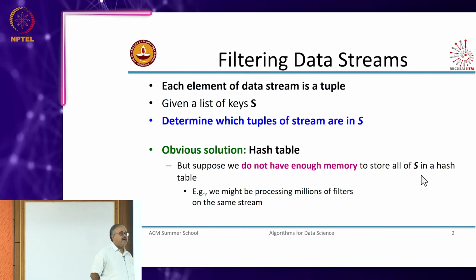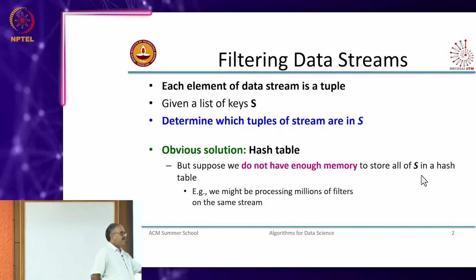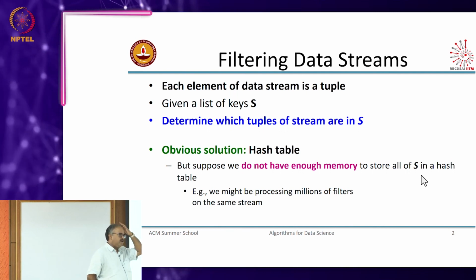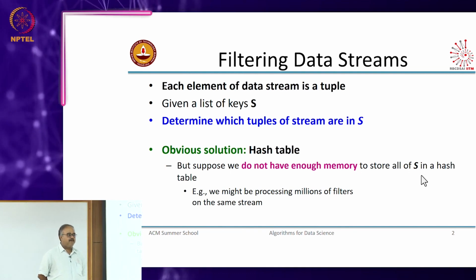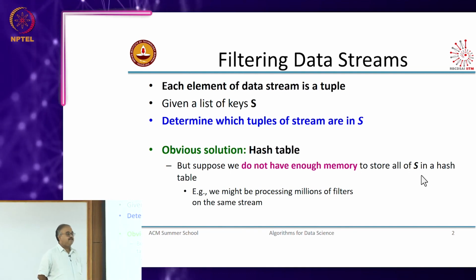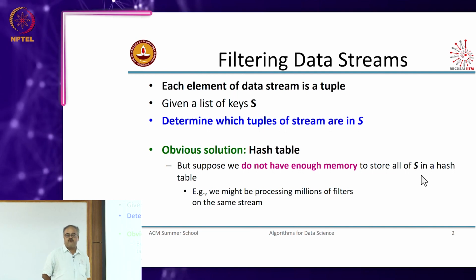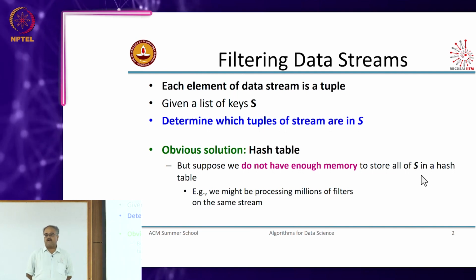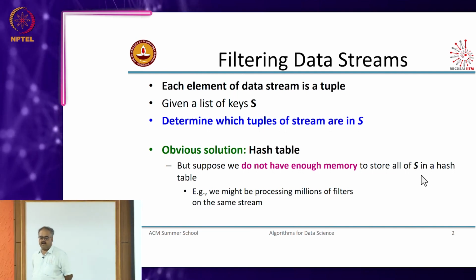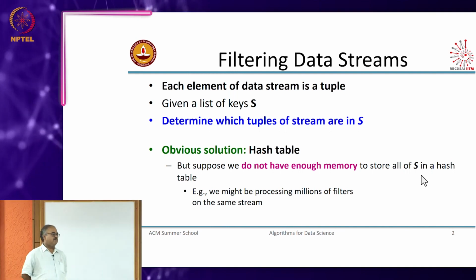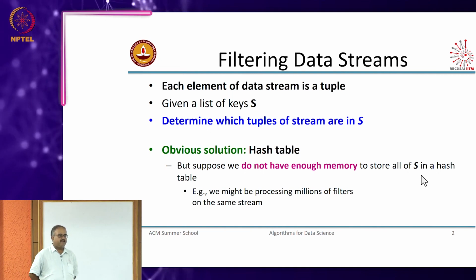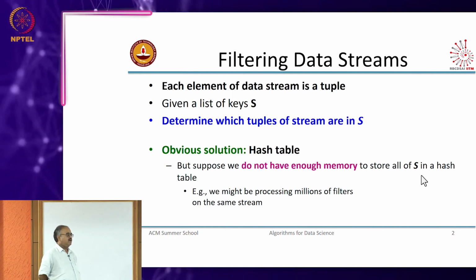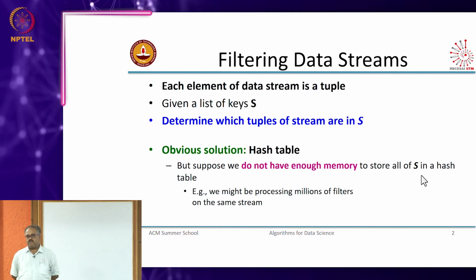So I have a secure website. When an access to the website comes in, I should permit it only if it comes from a whitelisted URL. Imagine that. How many URLs you might want to store? It could run into millions of URLs. If I'm going to build this hash table that will allow me to quickly retrieve the URL if it's there or not, it might require a huge amount of memory.